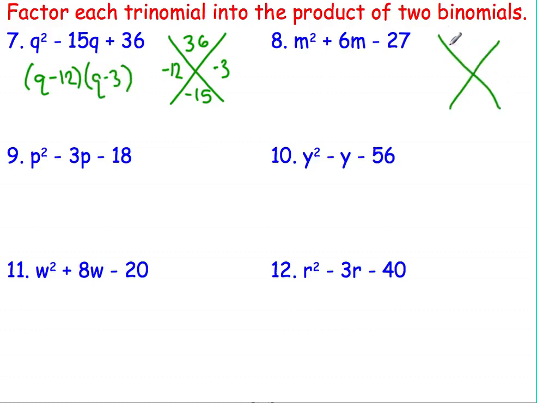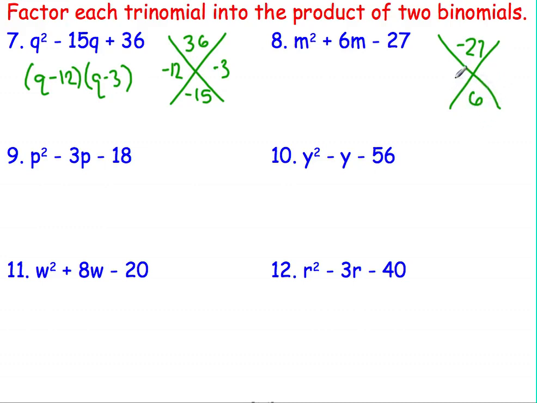Try the x method one more time here. Negative 27, positive 6. This time, notice this is negative and this guy's positive. This is a little bit different. What I think is going to happen is there's going to be one number that's negative, one number that's positive, and the positive one's probably going to be the bigger number.